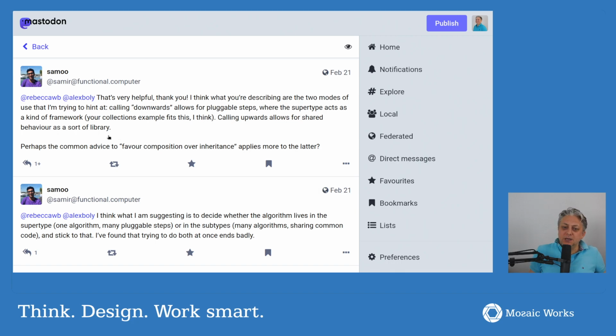To be honest, I think I've never thought of inheritance as a shared library. I'm thinking about inheritance more as a way to remove duplication by increasing abstraction, which is how we usually remove duplication. We find things that are duplicated and we increase the level of abstraction.